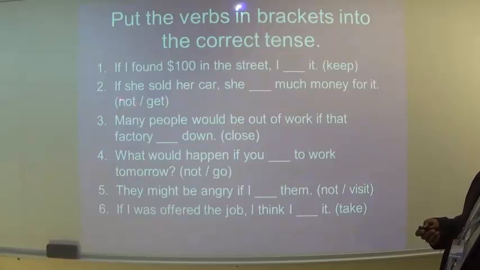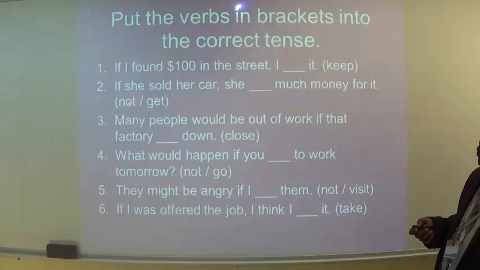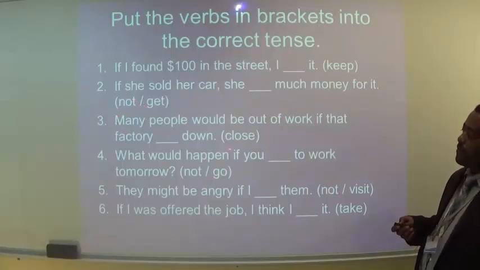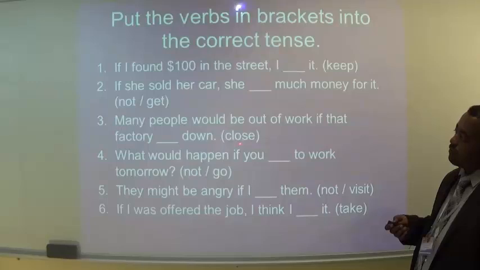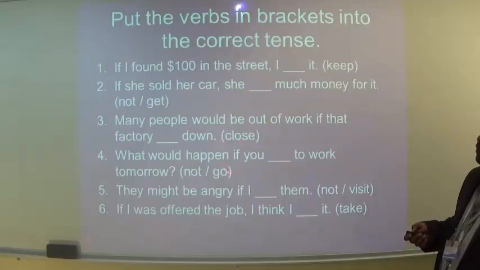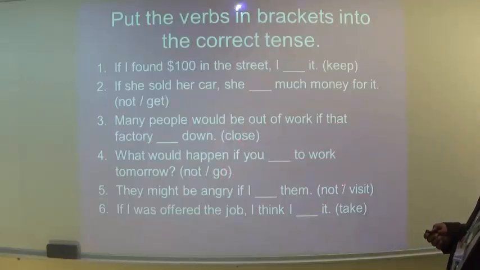Here, not is the negation, and it is used before the main verb in negative usage. Number 3, the verb is close. Number 4, go. Number 5, visit, preceded by the negation not.